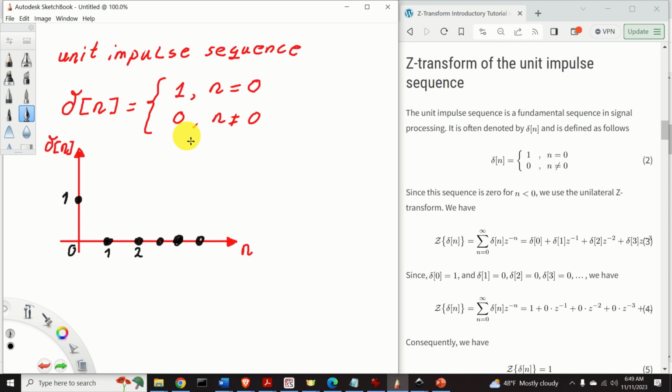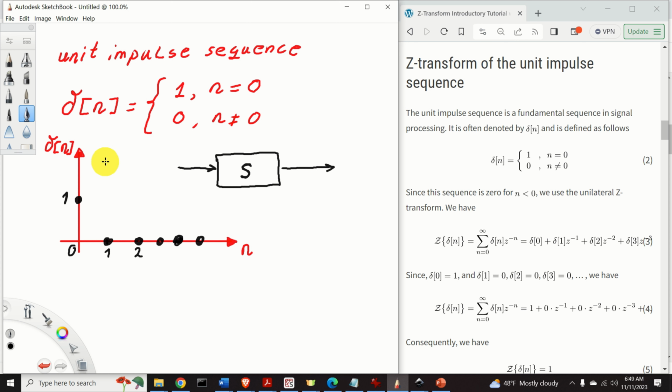The unit impulse sequence is very important in control engineering and digital signal processing. This sequence is used to determine the impulse response of the system. Let's illustrate this. Let this box or this block represent a system, S. The system has an input and has an output.